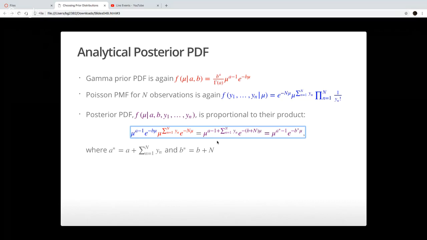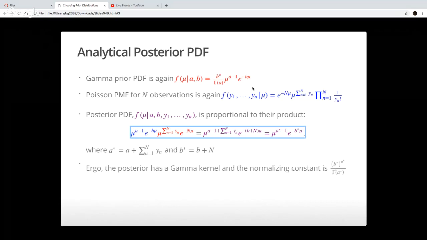And if we simplify by making substitutions a star and b star, where a star is equal to a plus the sum of the count observations on the outcome, and b star is equal to b plus the number of observations that we have in our data set, then we see that the posterior kernel can be written as mu to the a star minus 1 times e to the negative b star times mu, which is the same kernel as the kernel of the gamma prior that we started with.